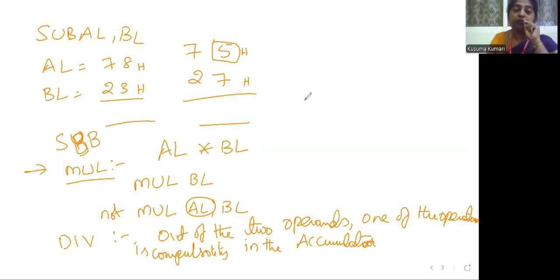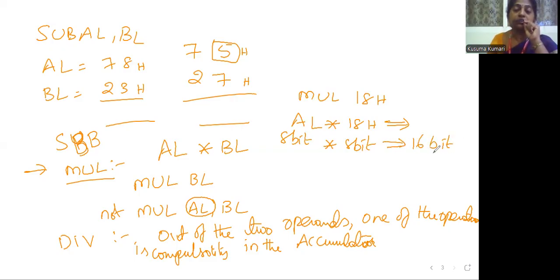For example, MUL 18 hexa. By default, the multiplication AL star 18 hexa is done. This is an 8-bit number multiplied by an 8-bit number, and the result will be a 16-bit number.